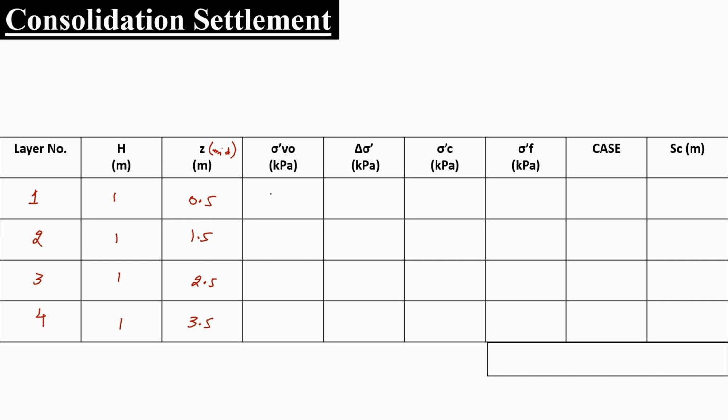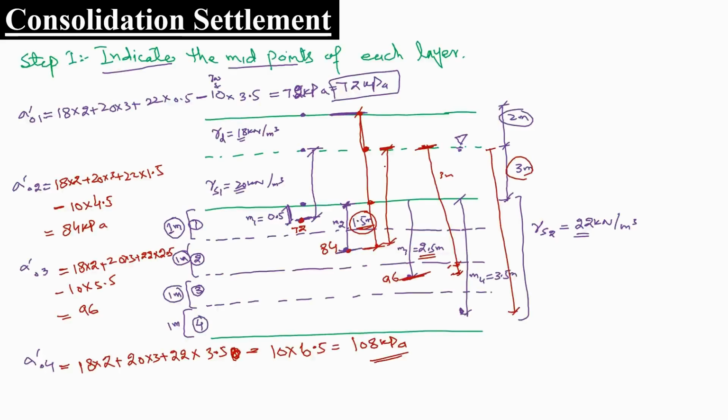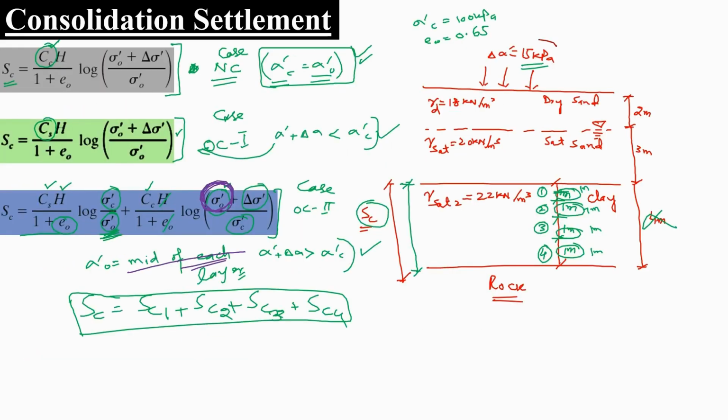What is sigma prime V naught? 72, just write. Sigma prime naught or sigma prime V naught are same. This one and this one are same. 84, 96, and 108. Delta sigma is given in the question. See here, it is 15.